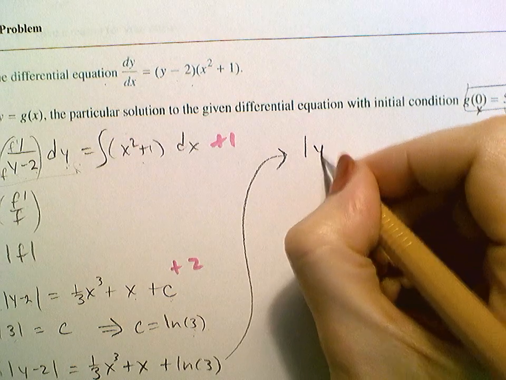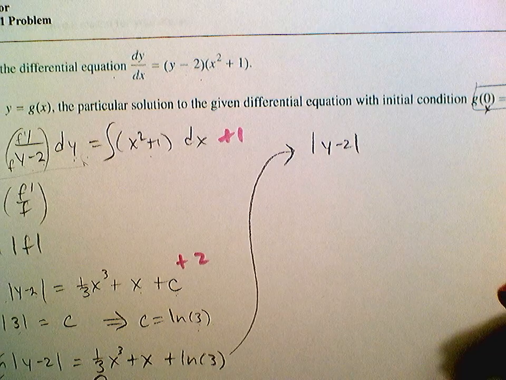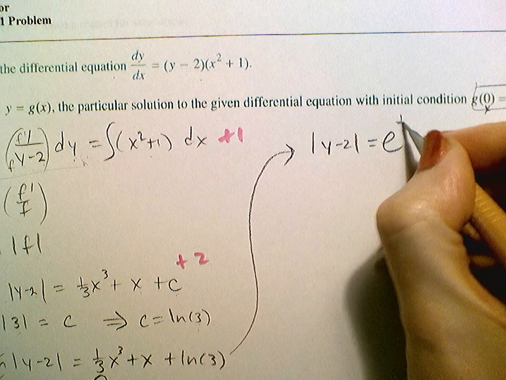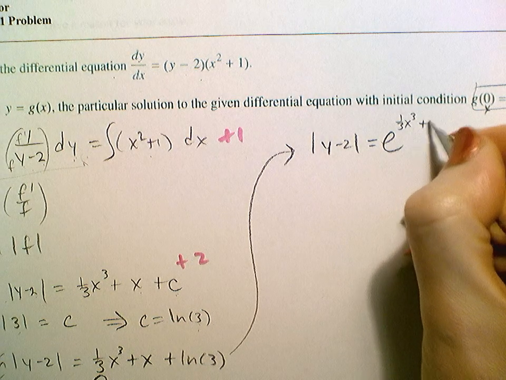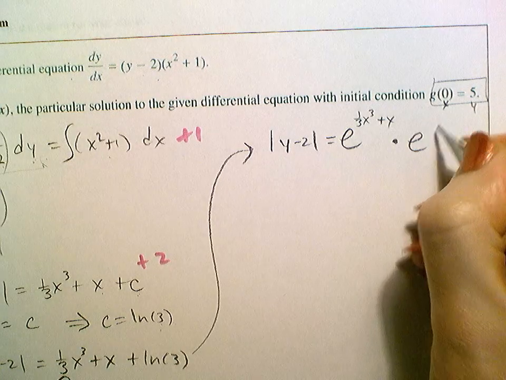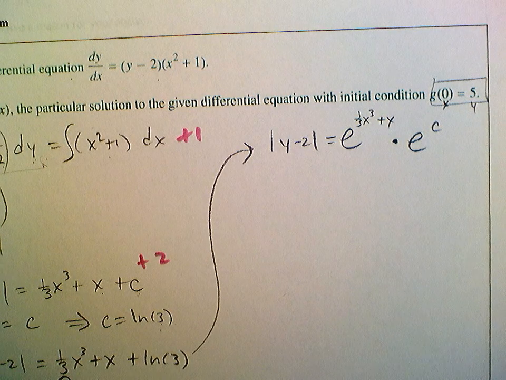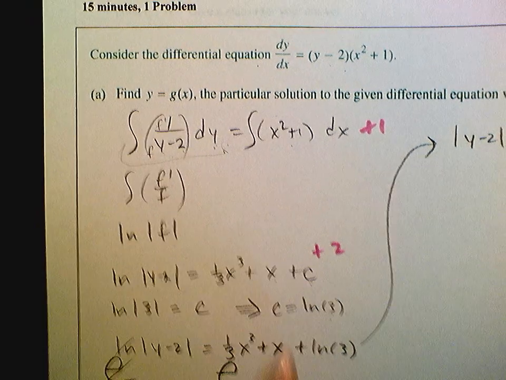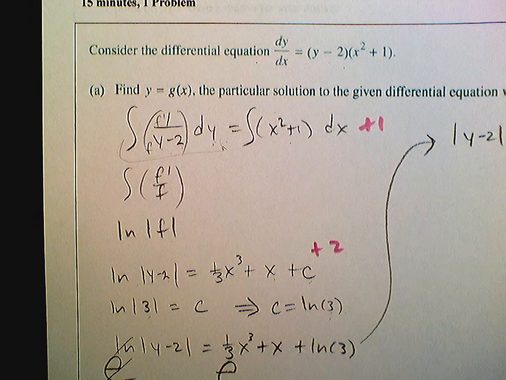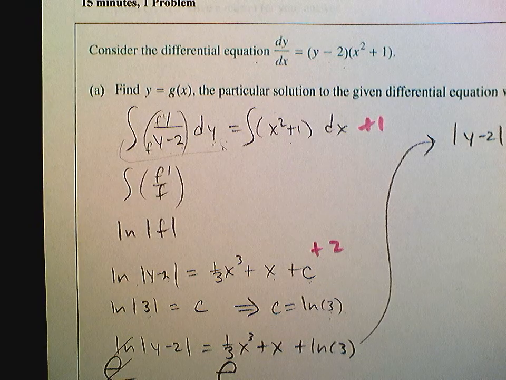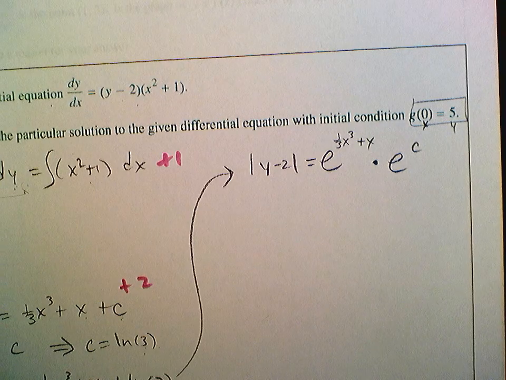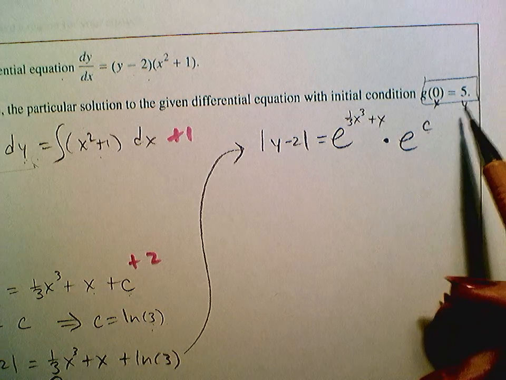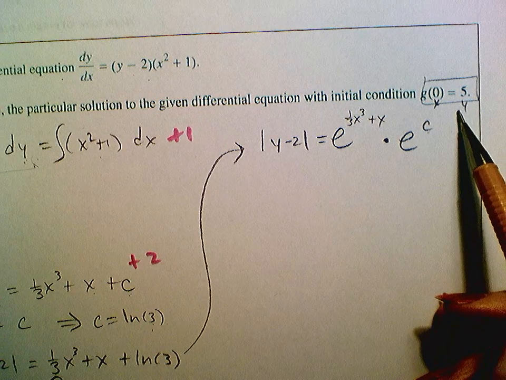So this is just y minus 2 equals e to the 1/3 x to the third plus x times e to the c. Now this c is not the same as this c. Okay, c just stands for any constant. But we can actually find the specific constant if we use this.